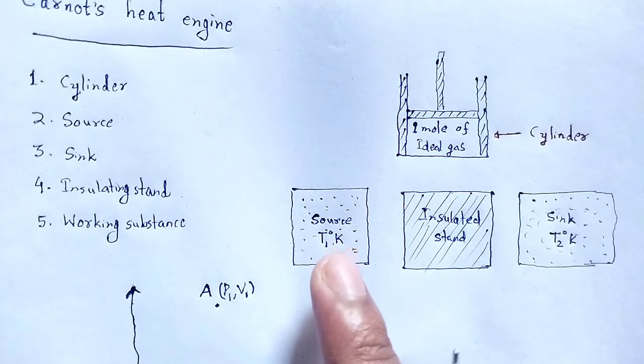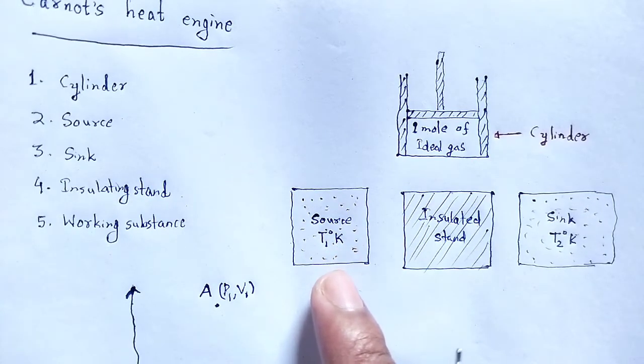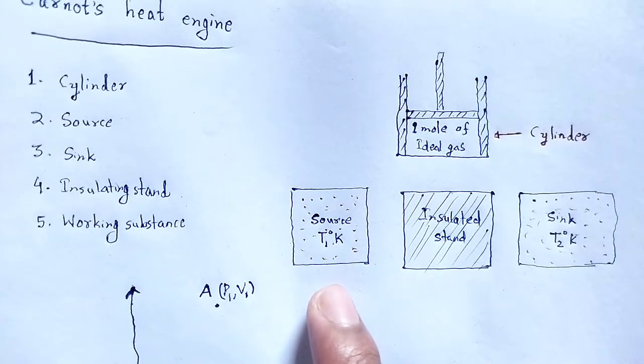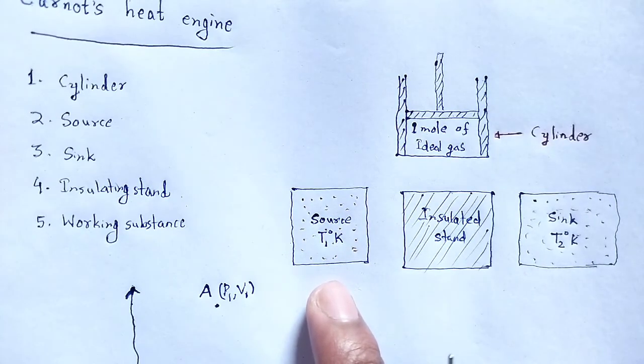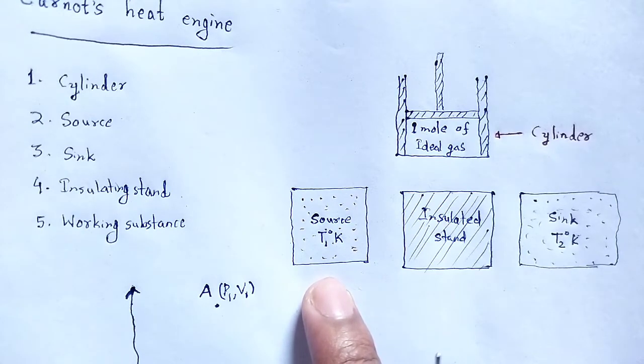Now the gas is allowed to expand quasi-statically. A quasi-static thermodynamic process is one that proceeds very slowly, in the sense that at each step the process is in thermal equilibrium.